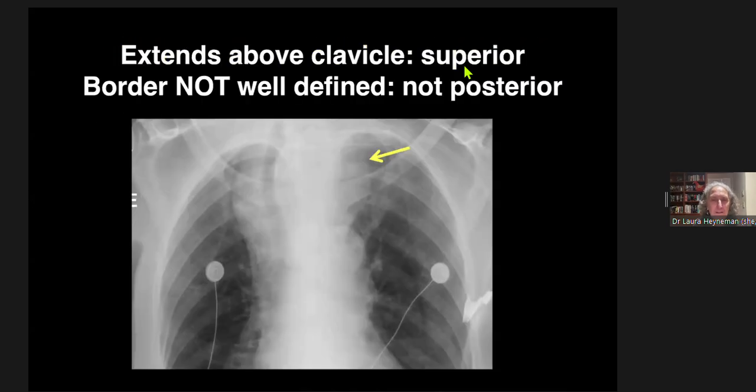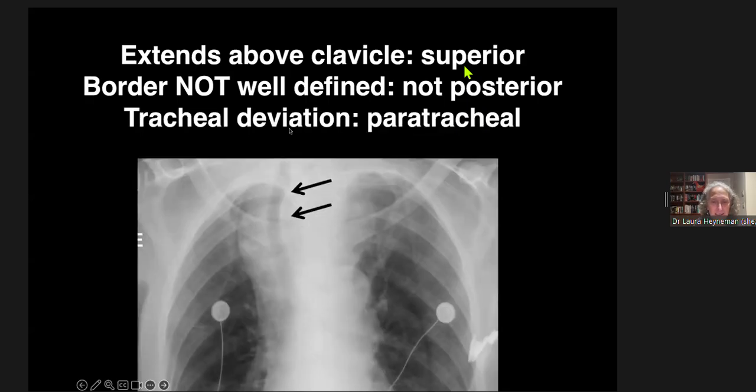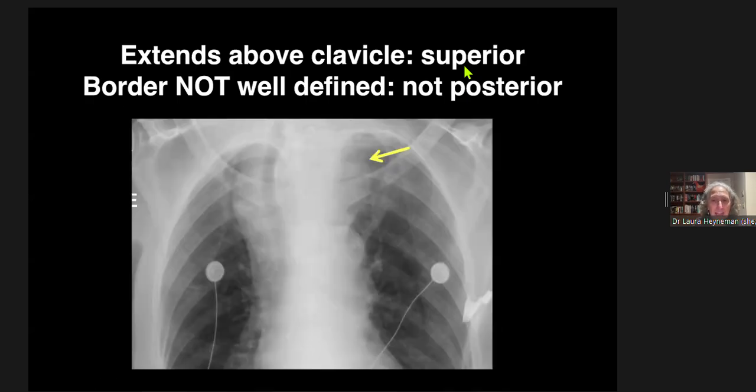So here's a different patient in which there is abnormal soft tissue, abnormal density extending above the level of the clavicles. It's deviating the trachea, but the lateral portions are very ill-defined. So the lateral border is very hard to exactly say where it is.